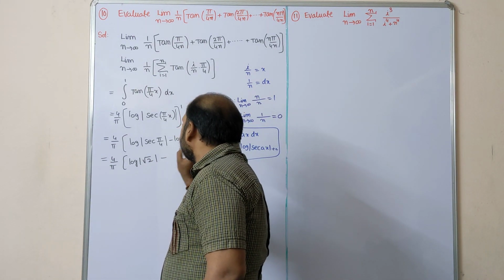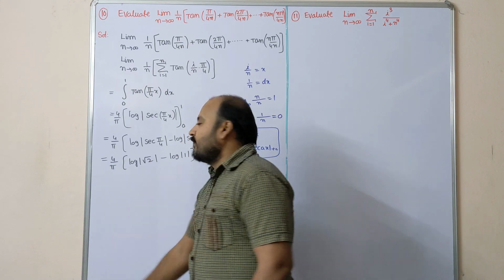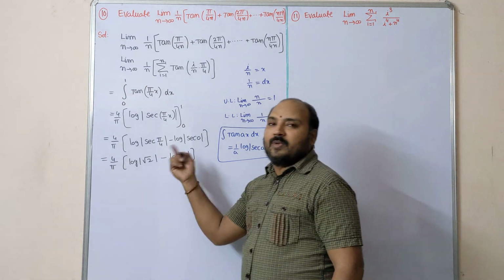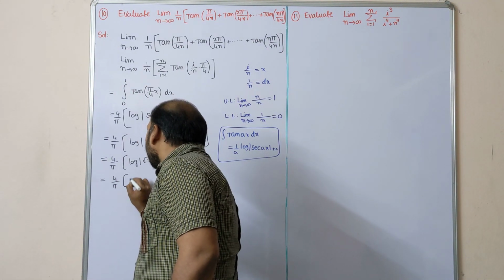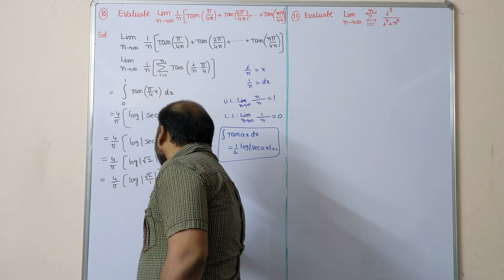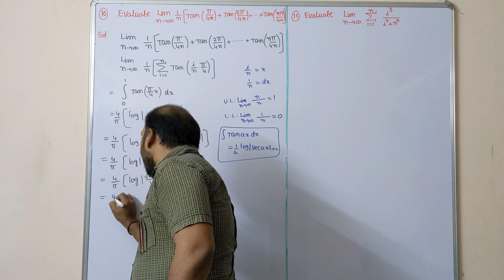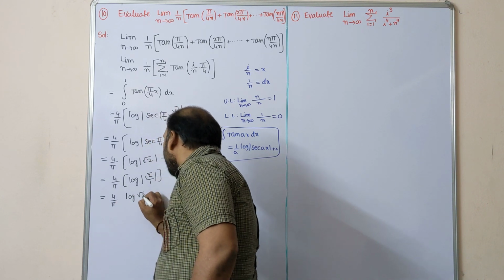Secant 0 is 1. Log a minus log b is log a by b. So 4 by pi log root 2 by 1, which is equal to 4 by pi log root 2.